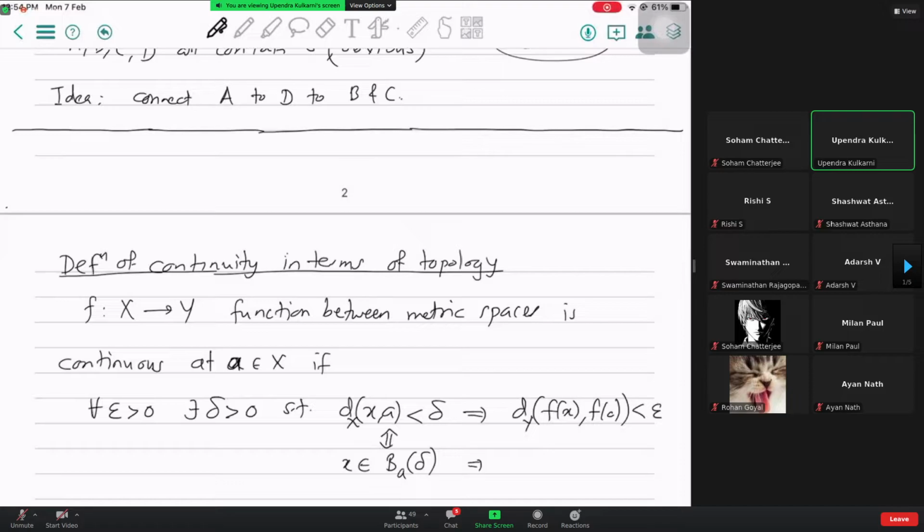And what should that imply? f of x should be in a ball around f of A, here I have a ball of radius epsilon around f of A.